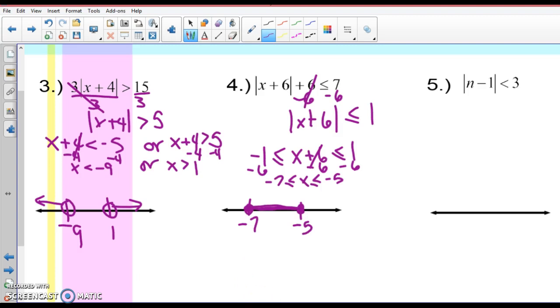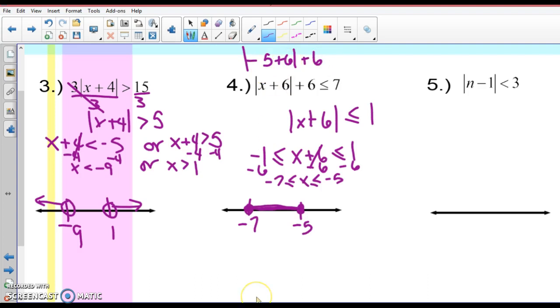So let's try negative 6. Negative 6, let's go back to the original problem. Let me erase this so we can see it clearly. If I put negative 6 in, negative 6 plus 6 is 0. The absolute value of 0 is 0. Plus 6 is 6. Is 6 less than or equal to 7? Yes. How about if I put negative, what else could work? Negative 5 will work because it is equal to.